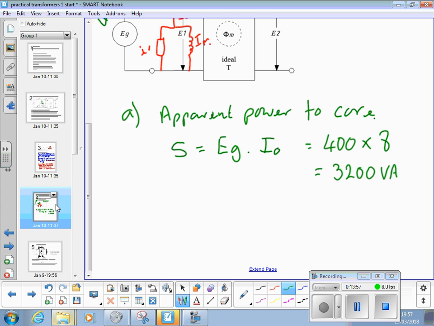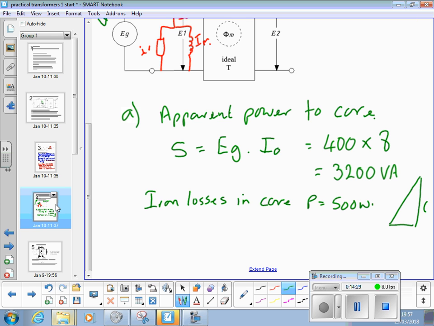You're given in the question that the iron losses in the core, P, is equal to 500 watts. So how can we get the reactive power? We've got a triangle here with 500 there, 3,200 there.